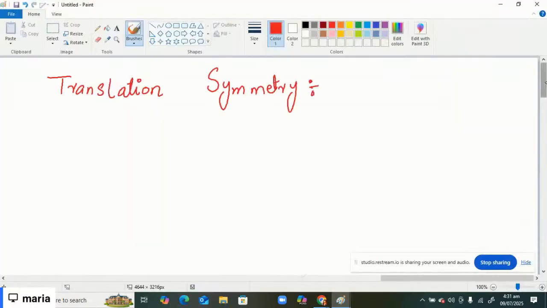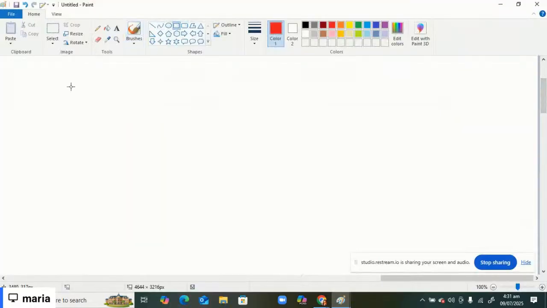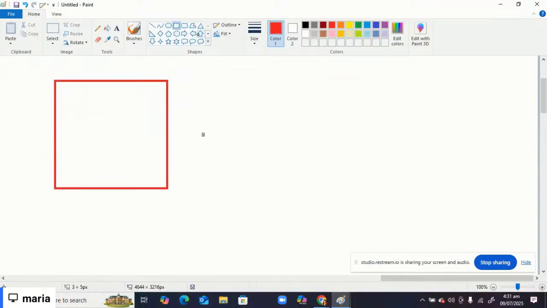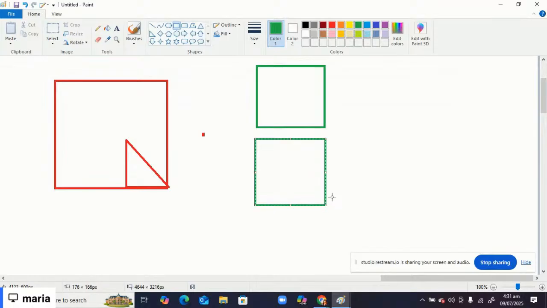Let's suppose first they are showing the reflection. If they are saying that here is the figure and here is the triangle. Okay, now they are saying that there are three shapes here. I'm going to draw them one by one. It's one, it's two, or it's three.